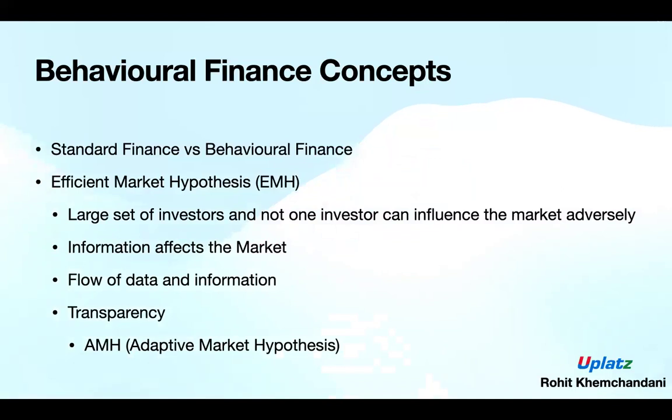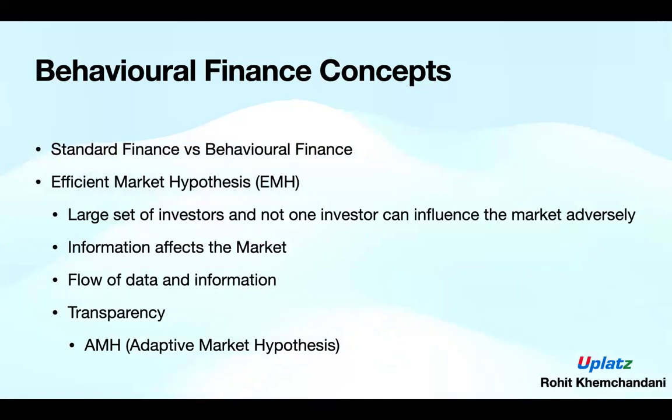While if I talk about the AMH, the adaptive market hypothesis, it basically modifies the efficient market theories with behavioral economics. It says that markets tend to be inefficient because investors have a bias towards survival rather than economic decisions, profit and utility.